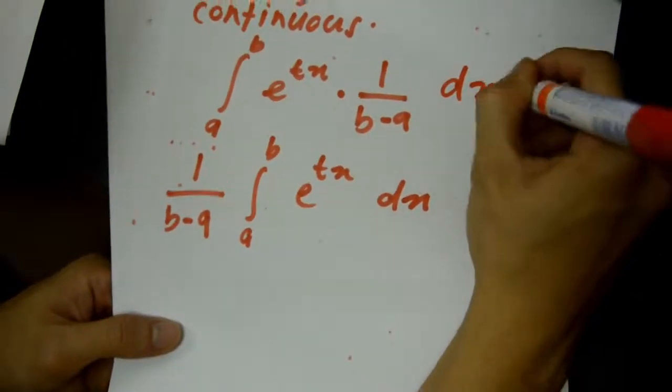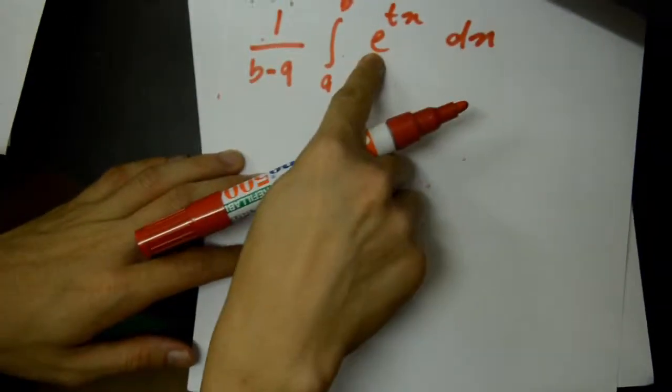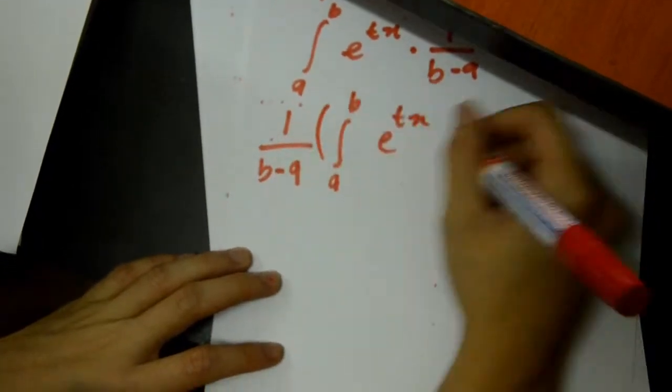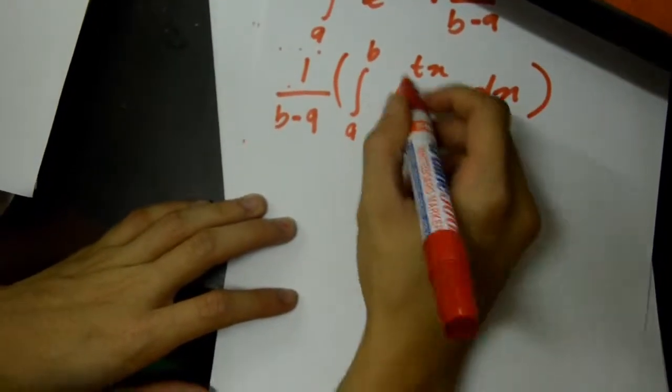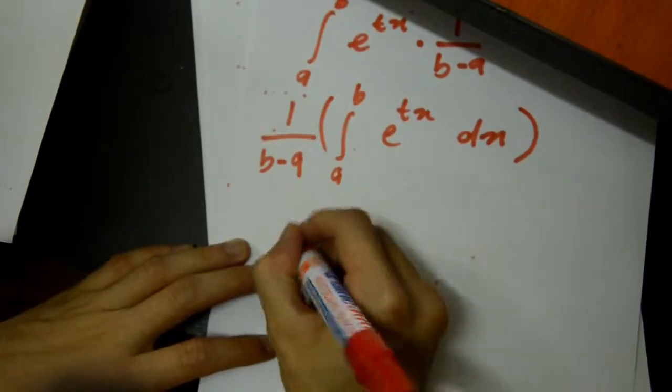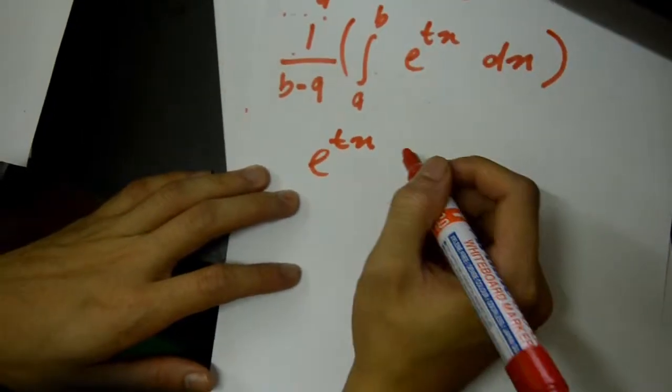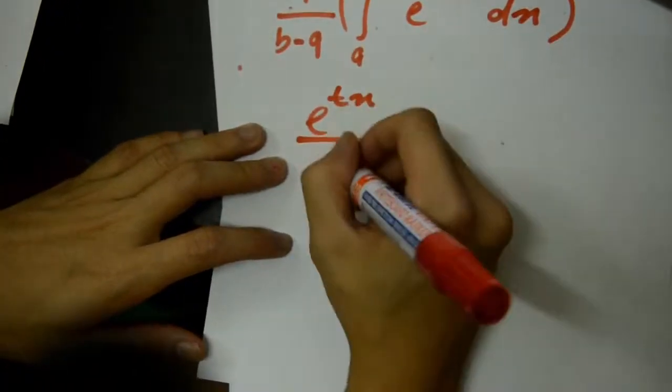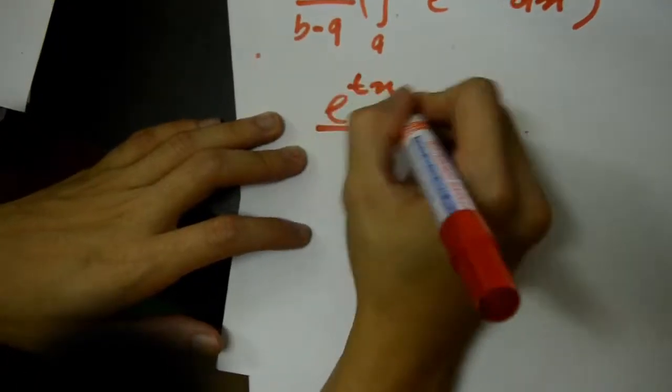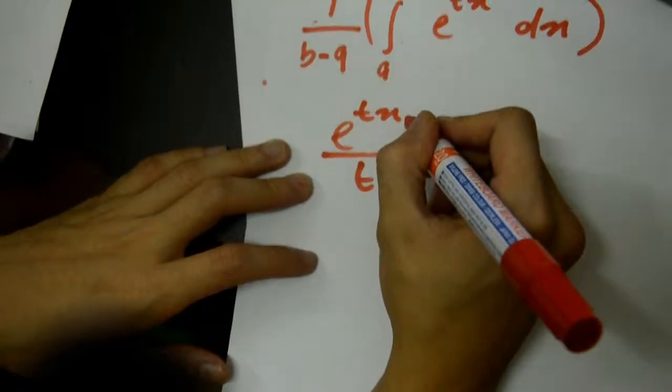To solve the inside, you must know that when you integrate e to the power of tx, you get e to the power of tx back, divided by t, which comes from differentiating the power of the exponential.